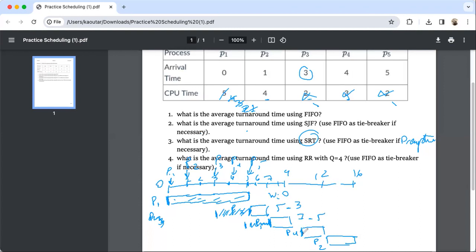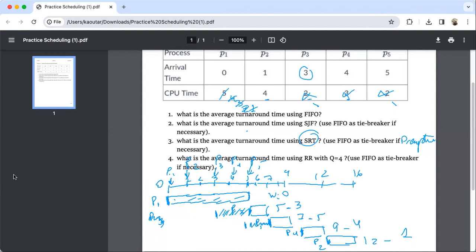P4 again started executing at 9, but it arrived at 4. P2 started executing at 12. It arrived at 1. Okay, so these are the individual waiting times, and then to get the turnaround time, always add wait time plus burst time or CPU time.